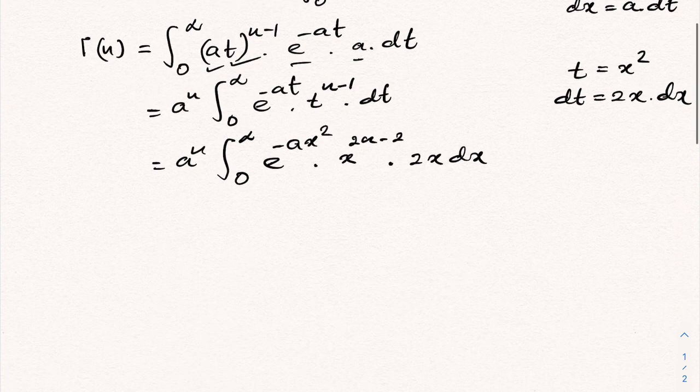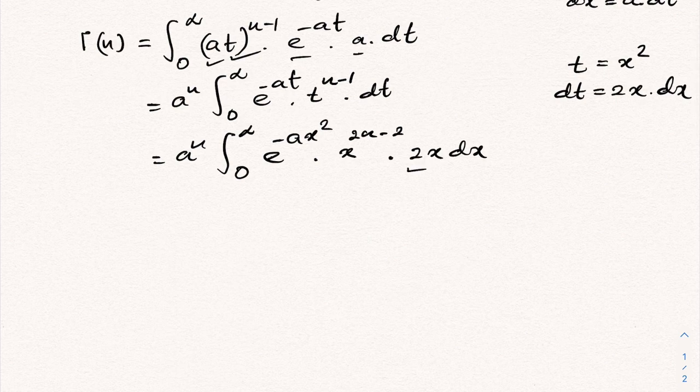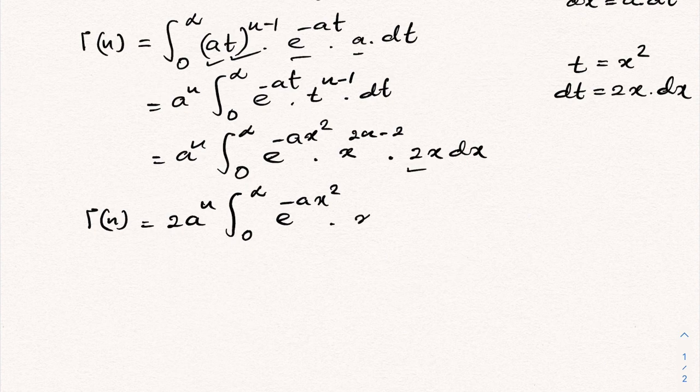Okay, then this 2 we can take outside of the integral sign because it's a constant. So we have gamma of n is equal to 2 times a raised to the n integral from 0 to infinity, now e to the minus a times x square times x to the 2n minus 2, here x to the 1 power, so 2n minus 1 times dx. Okay, then here we have 2 times n, so instead of 2 times n, I'm going to plug in k.